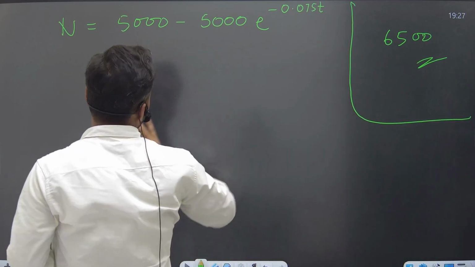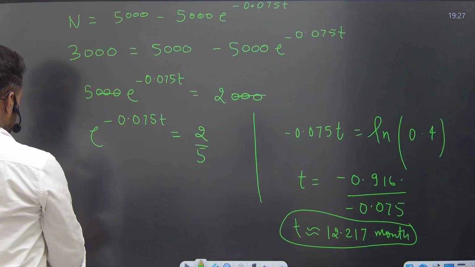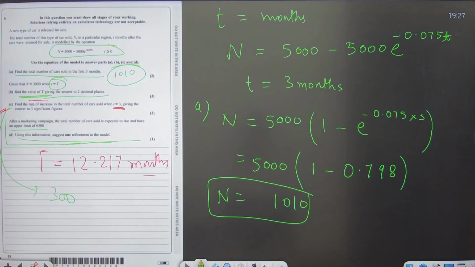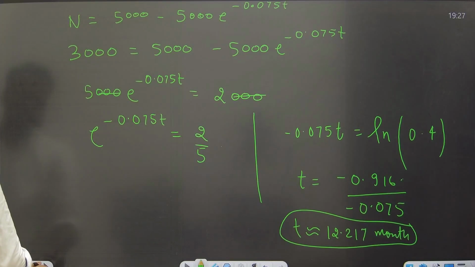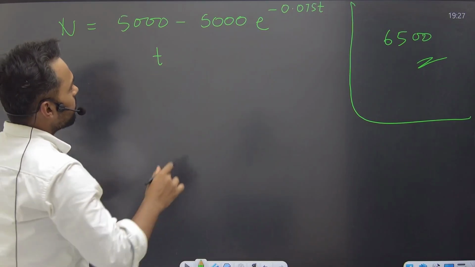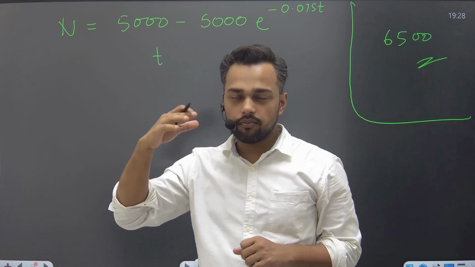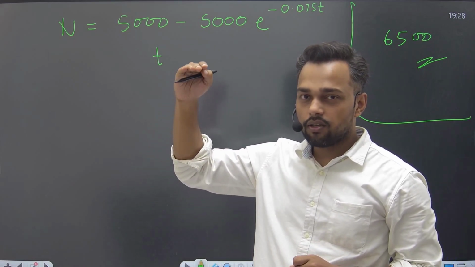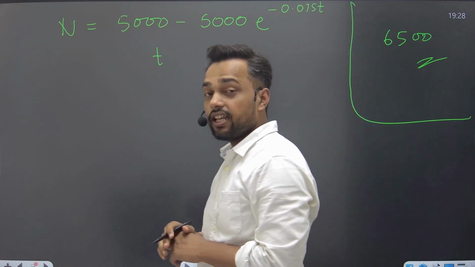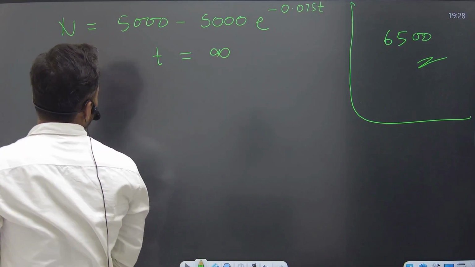So for this upper value, the number of cars is expected to rise and have an upper limit of 6500. So whatever time the sales of the car are increasing, let's suppose t as infinity.